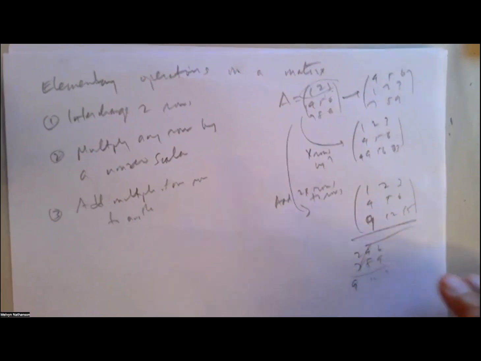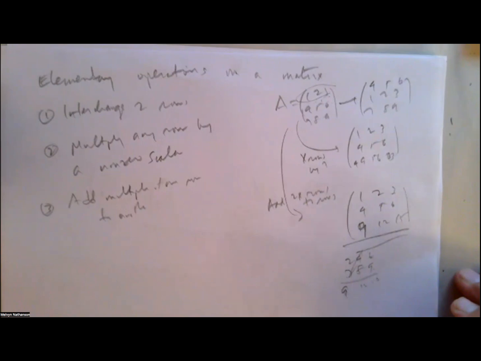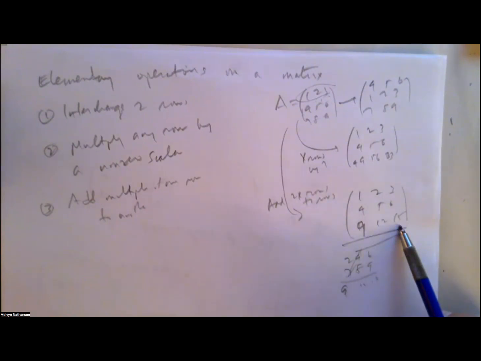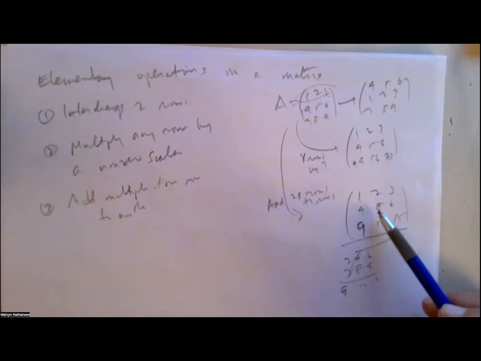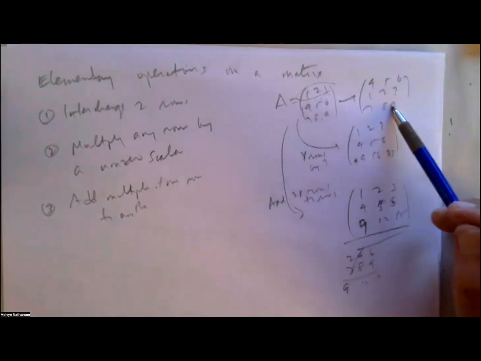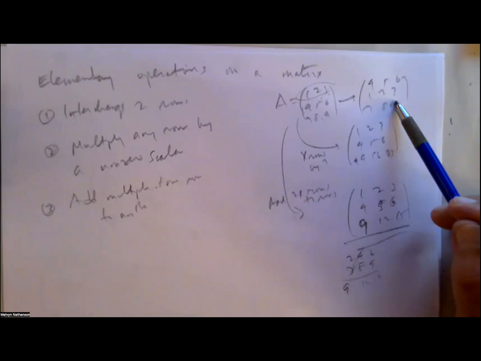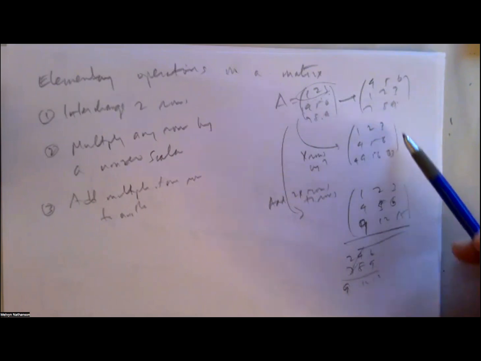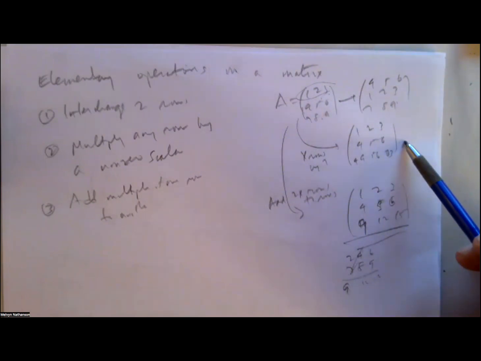Professor, what's the last row? The middle section of the matrix. The middle one, 4, 5, 6. No, not that one. The one on top. Here, no, down here. No, not that one. Yeah, that one.